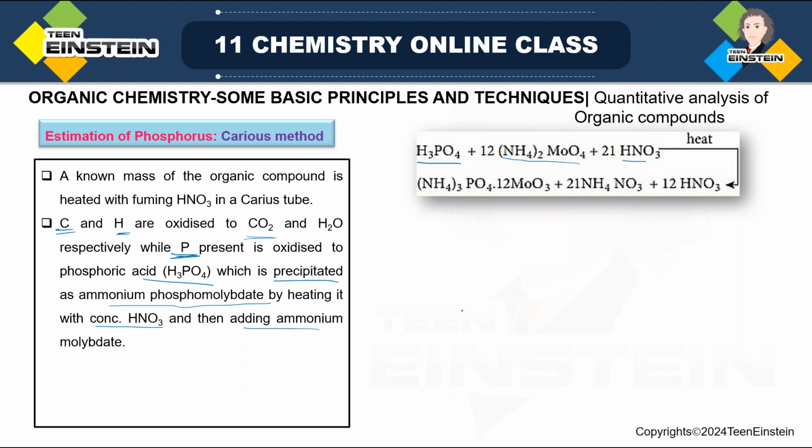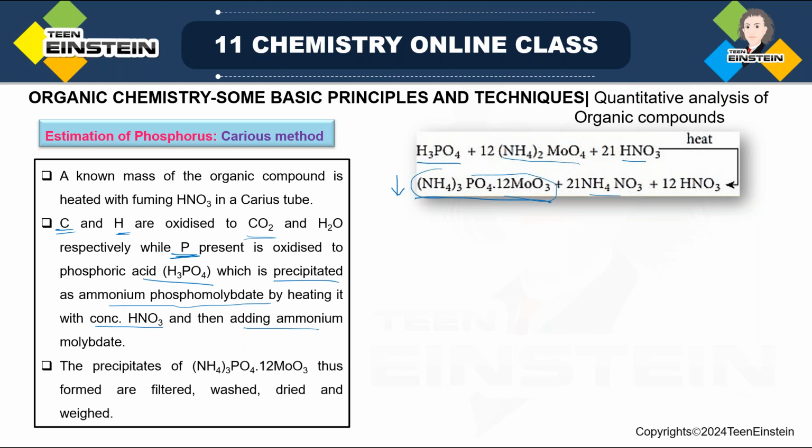Once H3PO4 is formed, you again heat it with ammonium molybdate and HNO3, when it will be converted to ammonium phosphomolybdate. So this is the molecule ammonium phosphomolybdate and these are the byproducts. Now this part we will get in the precipitation form. This is basically a yellow colored solid. If this is the precipitate, we can filter it out. The precipitate thus formed is filtered, washed, dried and weighed.